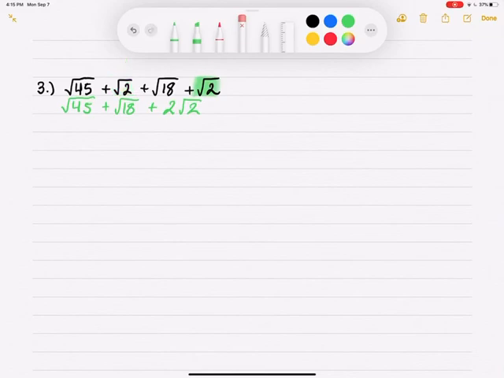So, now what we're going to do is we'll just do this one at a time. We'll focus on the square root of 45. If we take 45 and break it apart, we have 9 times 5. So I have the square root of 9 times the square root of 5.